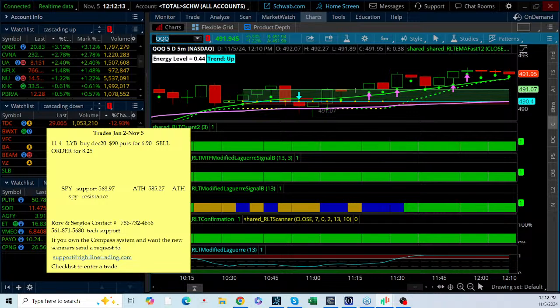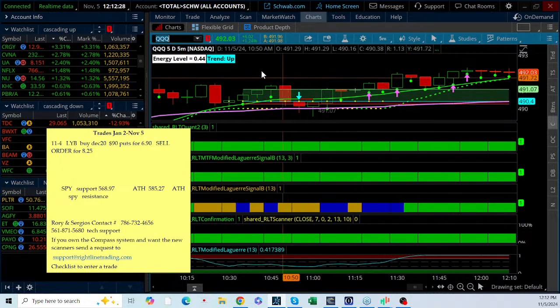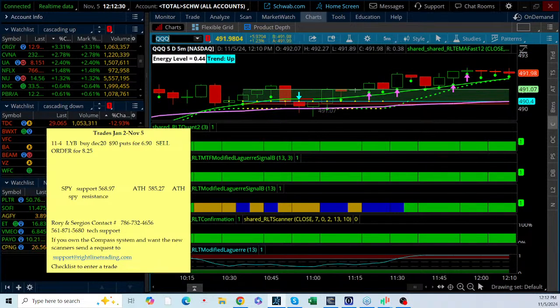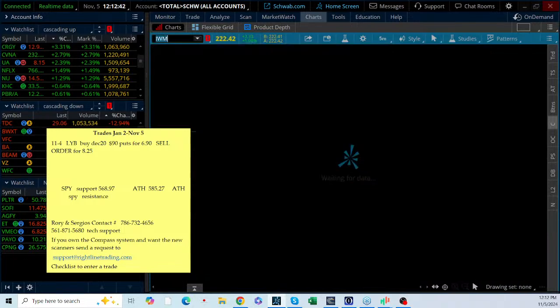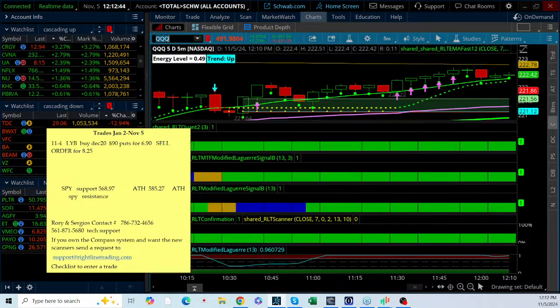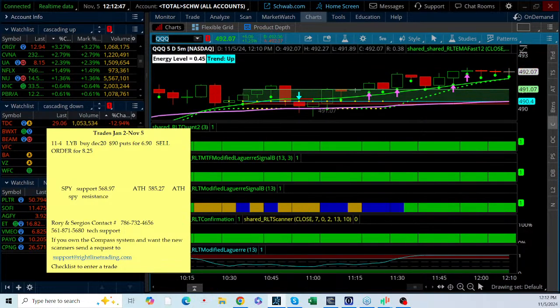The volume is dead. SPY's just sitting above the 8, just below the 15 EMA, right between those two levels of resistance. Really flat market.